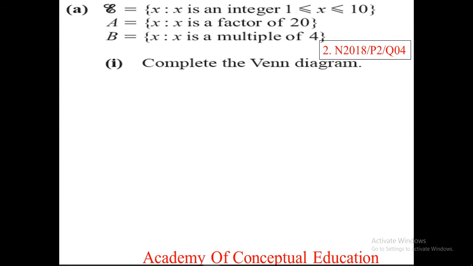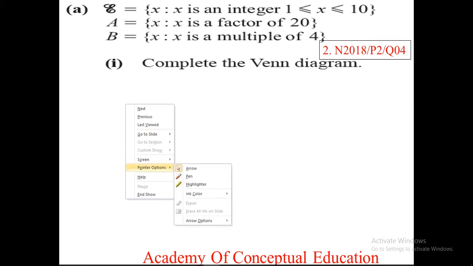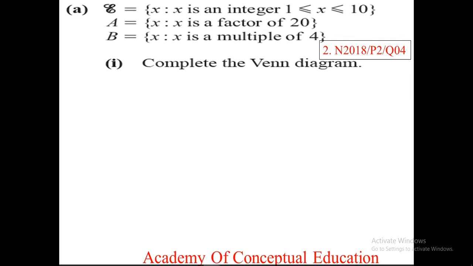Now this is the second question, and in this question we will have the sets U, A and B. First of all, let's define the sets U, A and B so that it will be clear. It would be easy for us to solve. The set is the integers between 1 and 10, where 1 and 10 are also included.